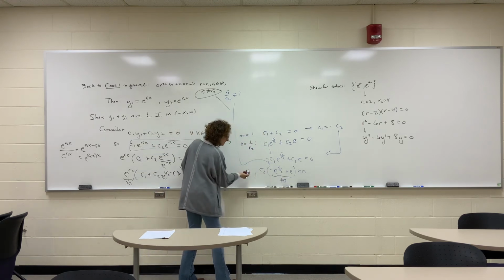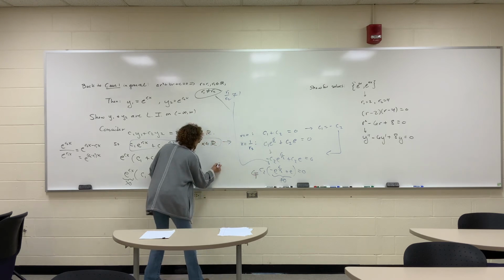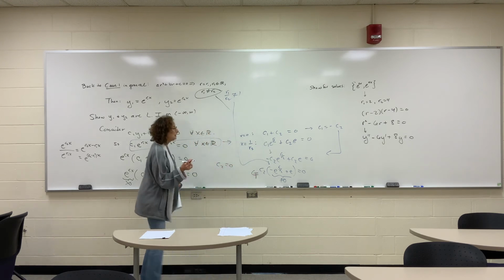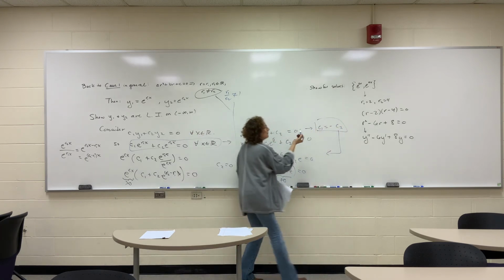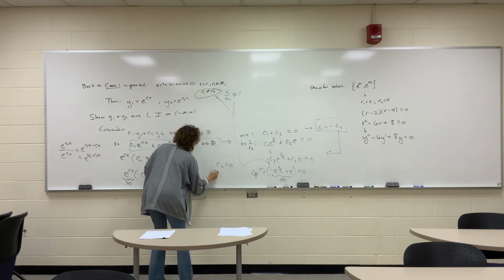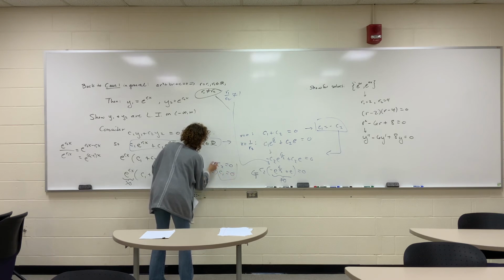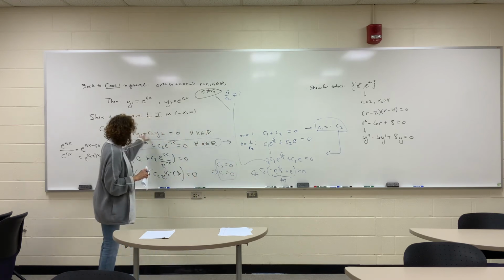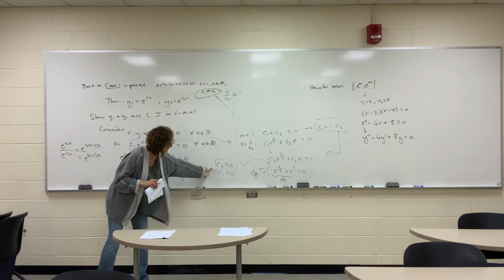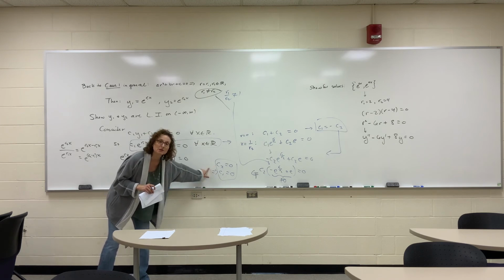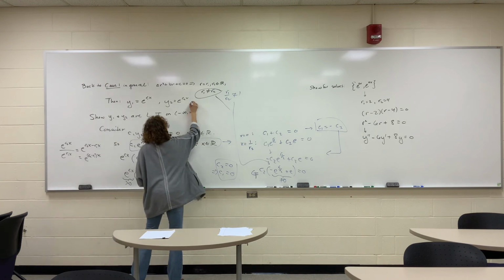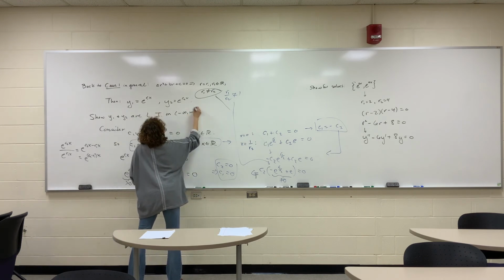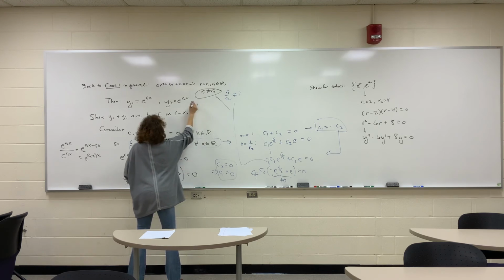And if that product is not 0, then what does that mean? C2 has to be 0, right? And if C2 has to be 0, and C1 is minus C2, then C1 has to be 0. And we've just shown that setting this equal to 0 implies that the only solution is C1 equals C2 equals 0, and therefore these two are linearly independent.